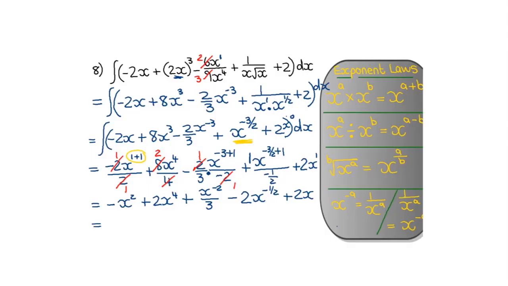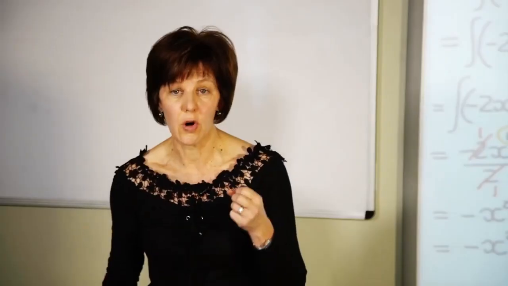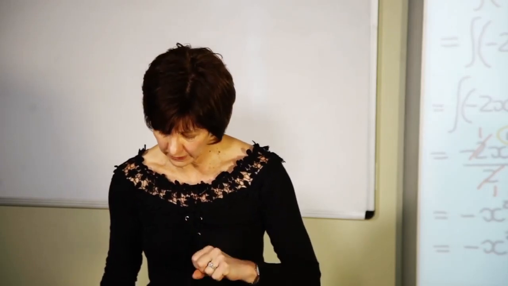So let's quickly wrap this up. It's negative x squared plus 2x to the power 4. Plus I don't want a negative exponent, so I'll bring that x to the power negative 2 to the denominator position, and then it will become positive 2. Even here, I will take that x to the power of negative a half downwards. Now, imagine for a moment I have this x to the power a half in the denominator.